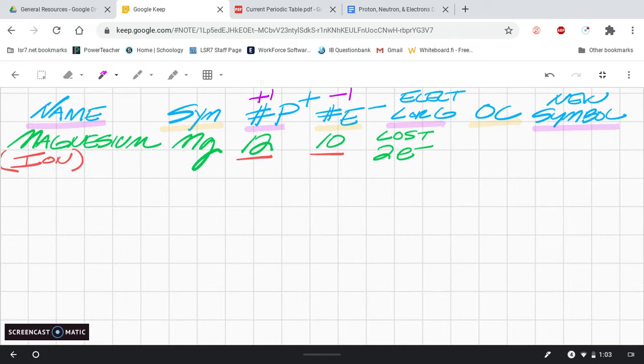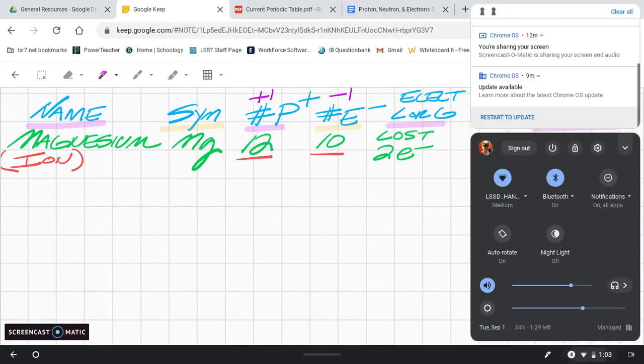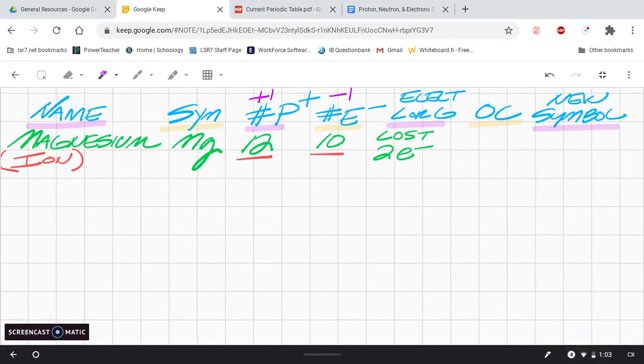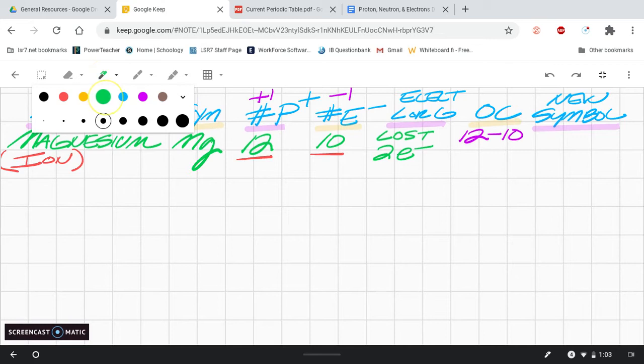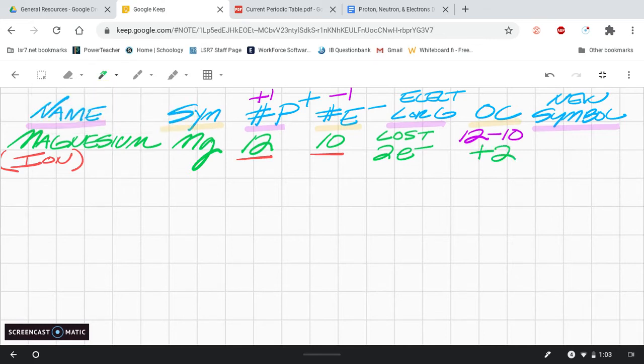So if we want to figure out the overall charge, we're going to take our 12 protons minus our 10 electrons, and then that is going to equal 12 minus 10. That's going to equal, I'm going to put that in green actually, +2. So when you're doing this, I would write 12 minus 10 in that box to help you remember.